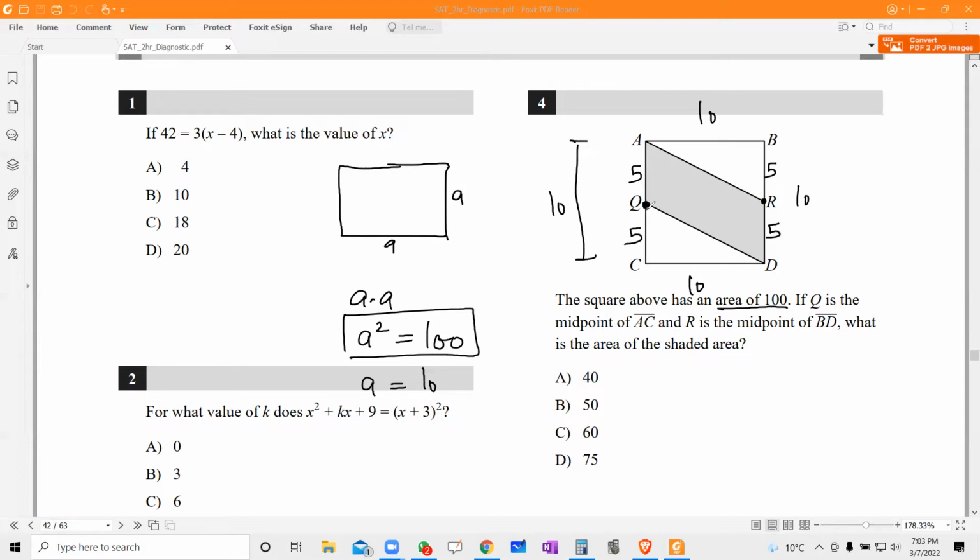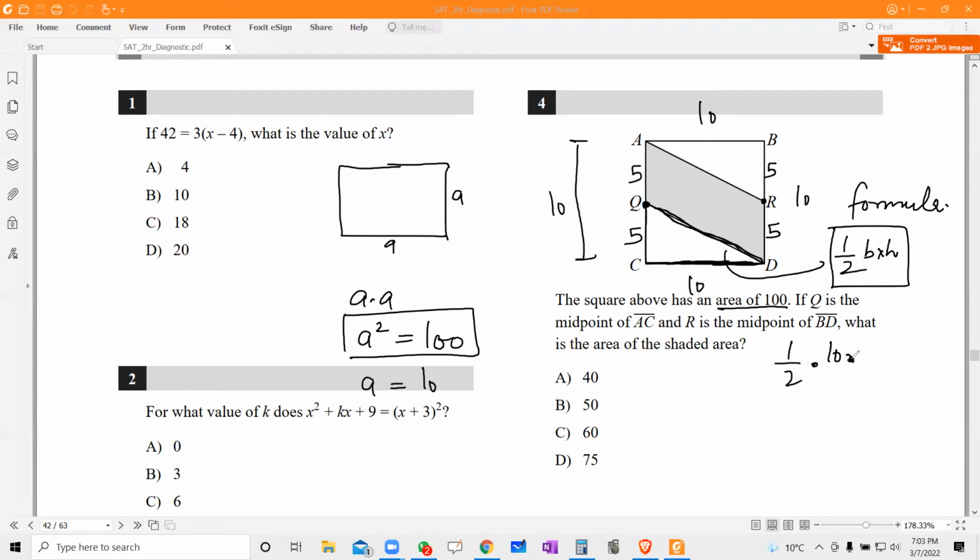Now, can you tell me what is the area of this triangle QCD? Half of base times height, right? The area of the triangle is half of base times height. It's the formula. Exactly. So half of base is how much? 10. 10 times height. Height is how much? 5.